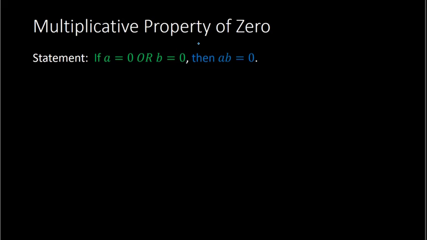So we would get instead, if ab equals 0, then a equals 0 or b equals 0. So this right here would also be true if we know that we have two numbers multiplied together equaling 0. Then we know that either the first number is 0 or the second number is 0.